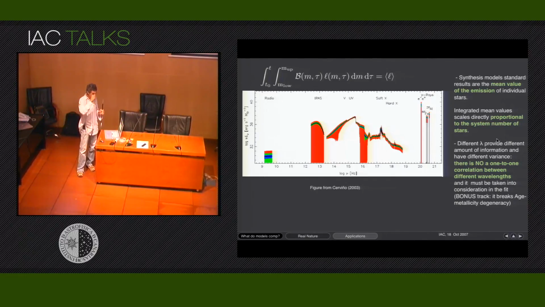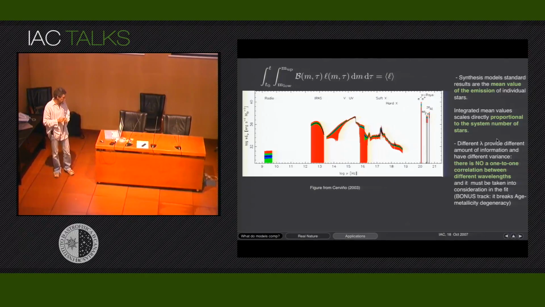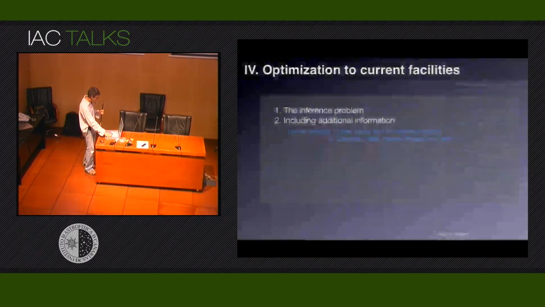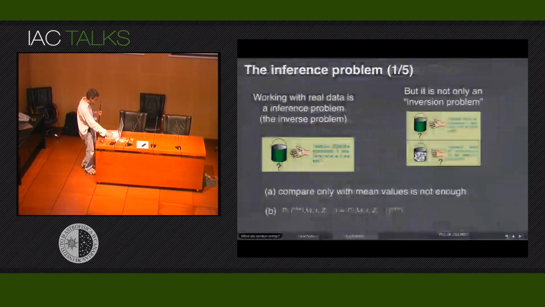Different wavelengths provide different amounts of information, and you must take that into account in order to make the fitting. And one bonus of that is that if you take it into account, things like the metallicity degeneracy, etc., can be broken. And I will try to go very quickly.